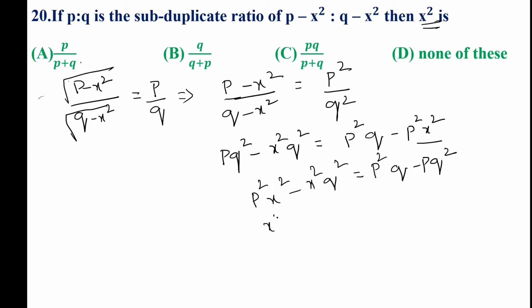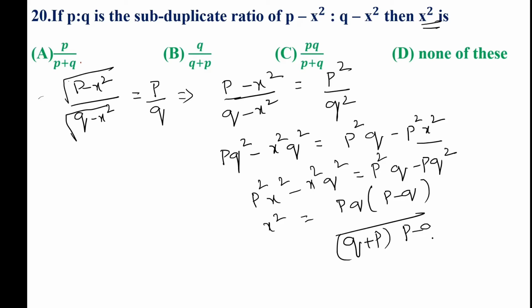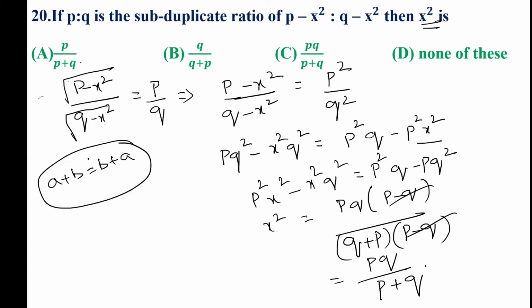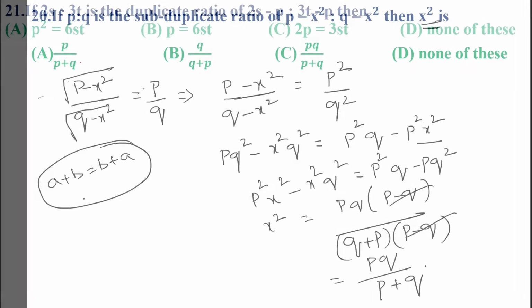If I take x square common, and if I take PQ common from this, then P minus Q will be here, P square minus Q square, then P plus Q and P minus Q. So P minus Q will be cancelled. So PQ by (P plus Q) or Q plus P, whatever. A plus B is equal to B plus A, same only.